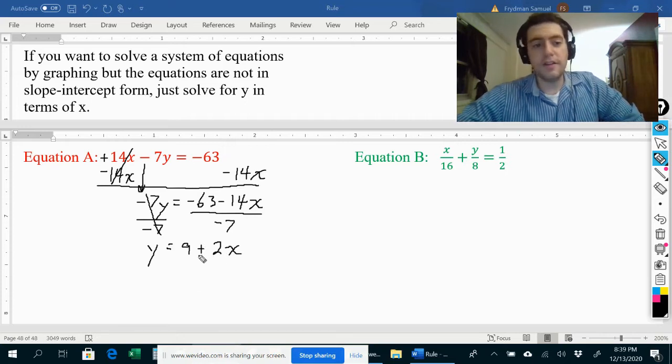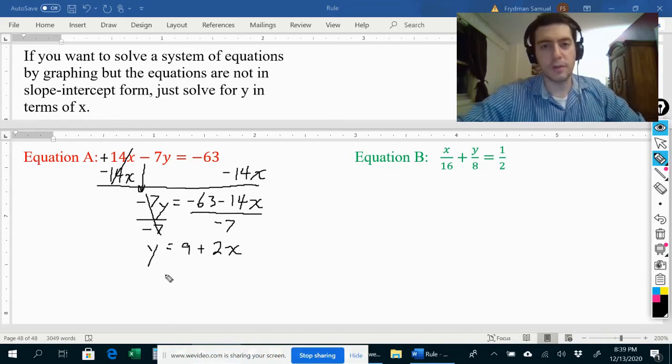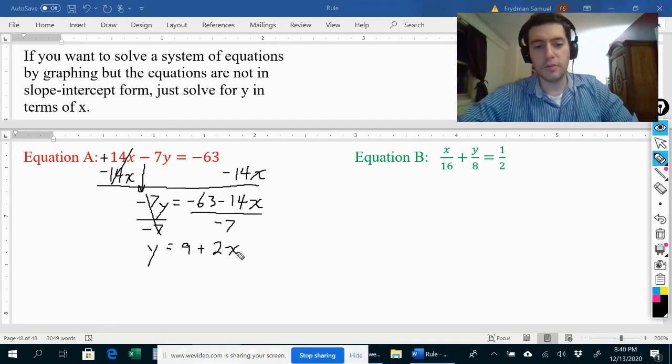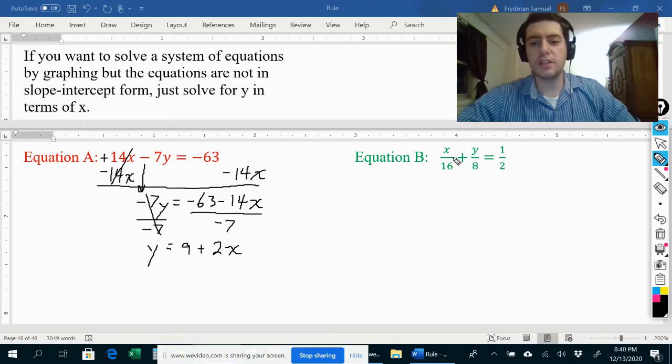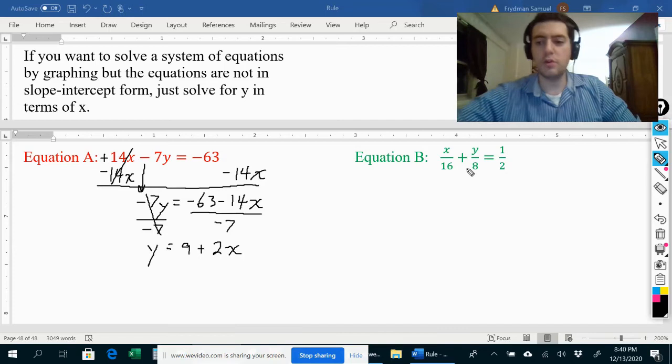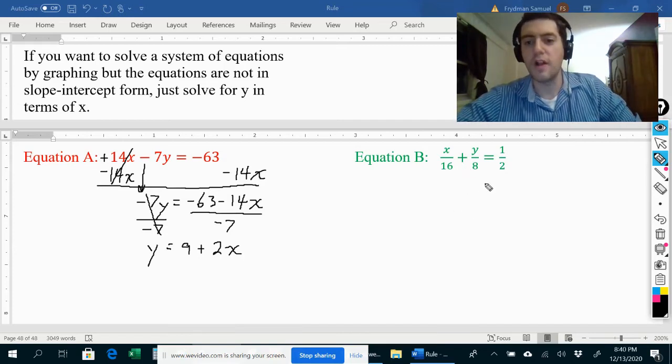And that is my new form of equation A. So that's equation A written in slope-intercept form, where we have y all by itself on one side, and then two terms over here, one term with an x in it and one term without an x in it. All right, let's solve this equation for y, and then once we're done, we'll go graph these equations and figure out what the solution is.